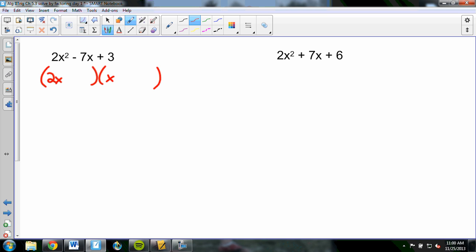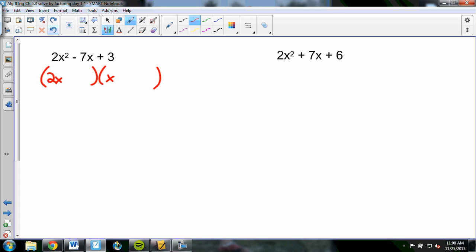Which means whatever number I plug into this slot right here is actually going to get doubled, because when I do FOILing, this goes here and here, so this spot over here is going to get doubled, and I have to account for that when I do my factors.